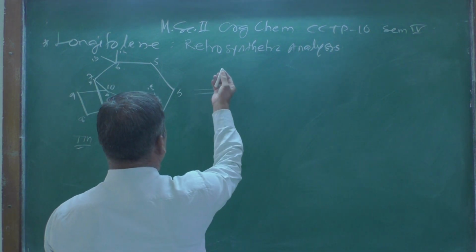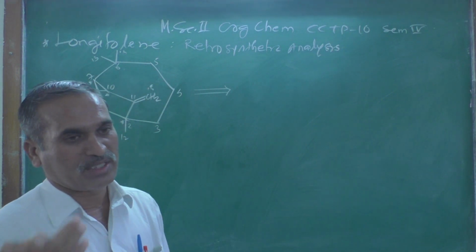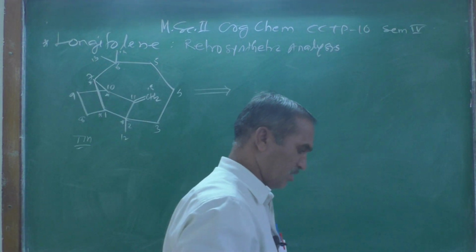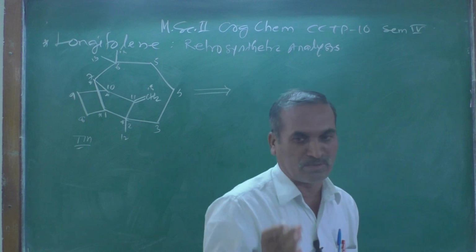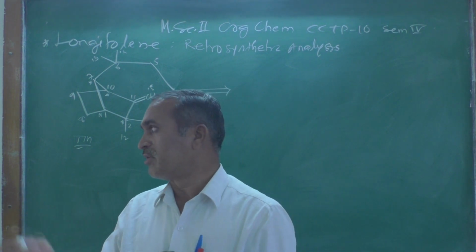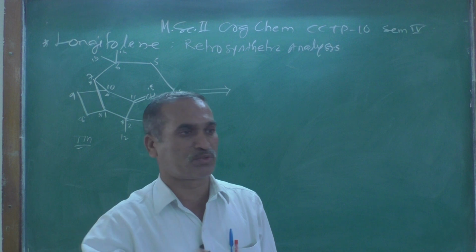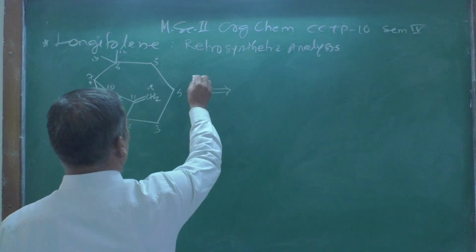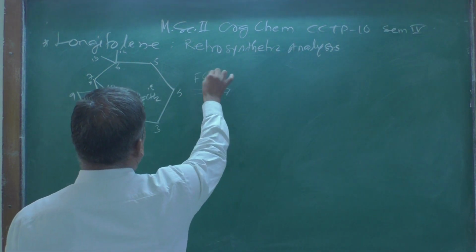Now here you can write FGI, functional group interconversion, meaning one functional group is converted into another functional group, so that the disconnection becomes possible.